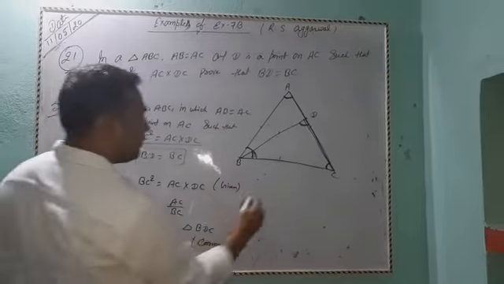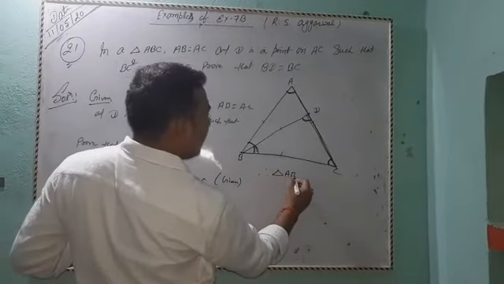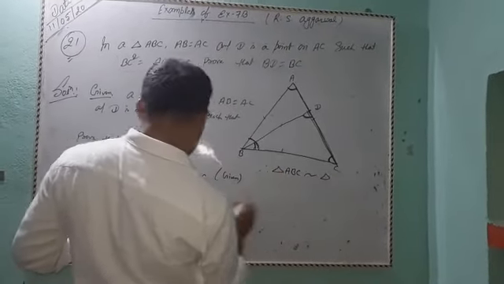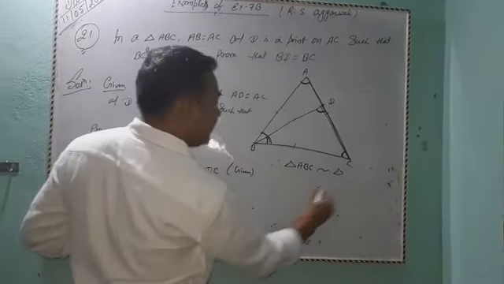So triangle ABC is similar to triangle BDC by the side angle side criterion. Then the corresponding sides of both triangles are proportional.